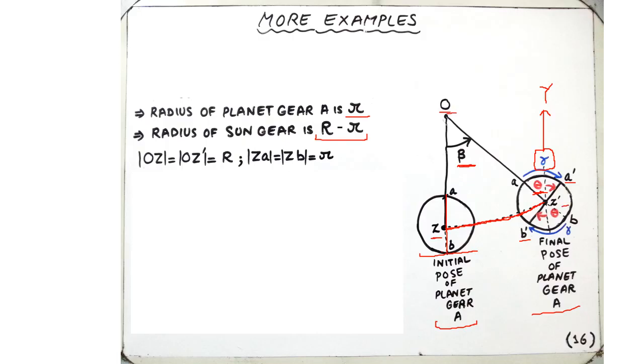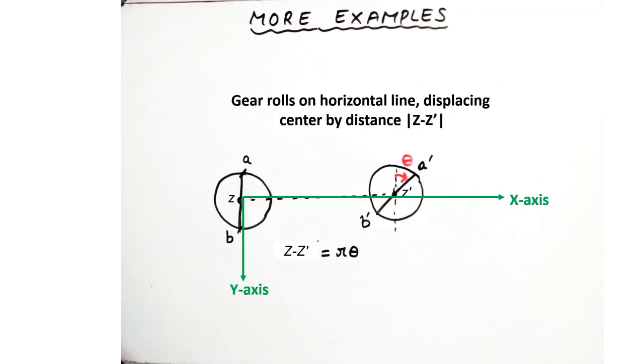However, in our solution, we shall not be using gamma at all. We shall first relate theta with beta, utilizing the information of the arc length along which the planet gear has moved.